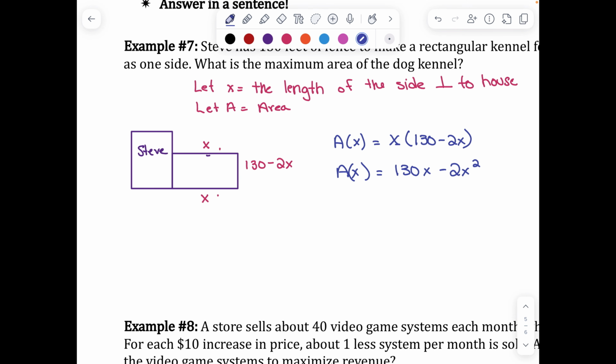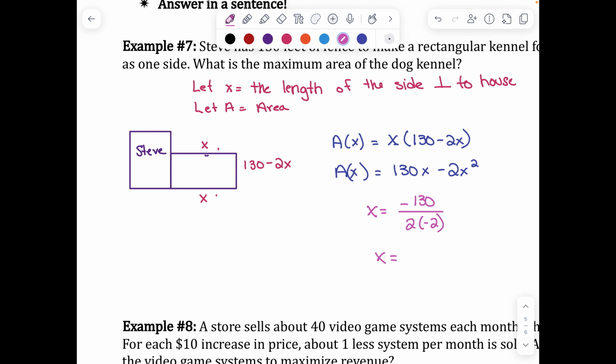So now we can go ahead and find our vertex by saying x equals negative b, so 130 is our b because it's with our linear term, over 2 times a, so a is negative 2. So x is just going to be equal to 32.5.